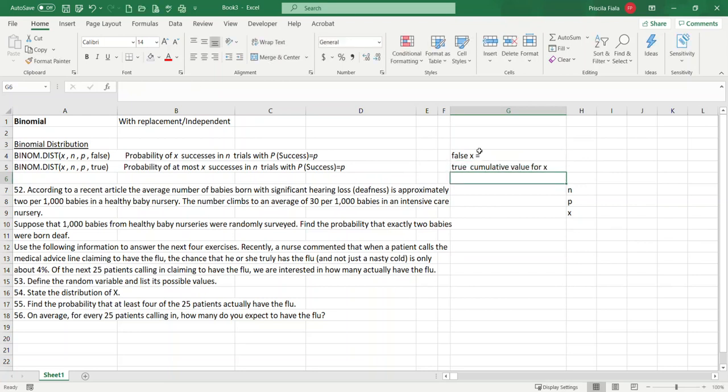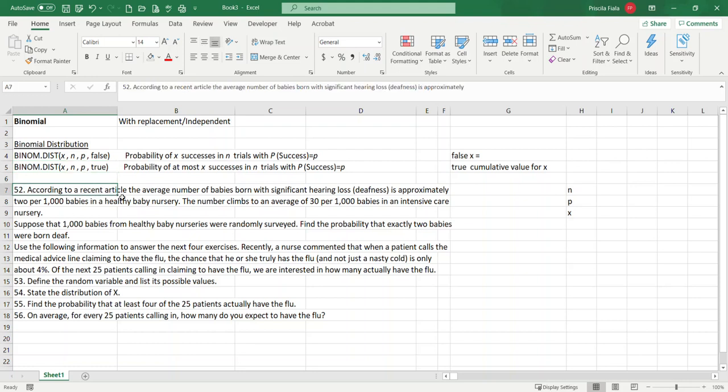So for example, if you're working with at most or at least, you're gonna have to use this formula. If you do at least, you're gonna have to subtract the difference of the at most. But again, it sounds very complicated, but let's just see how simple that is.